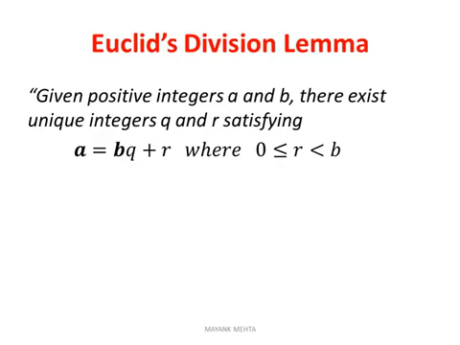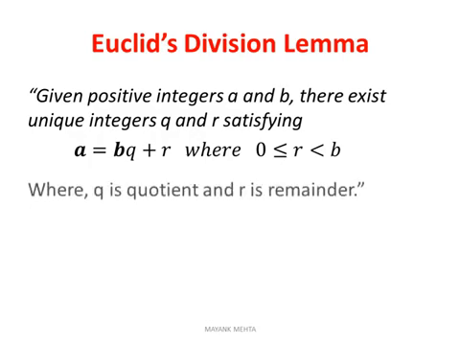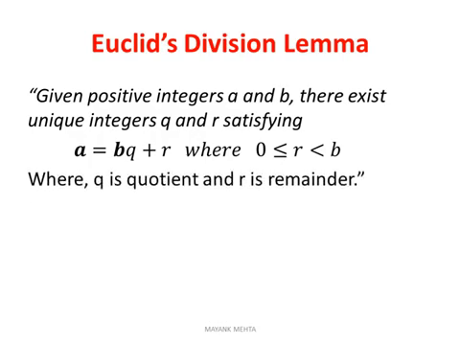You will find one unique such relation for any integers a and b, where q is the quotient and r is the remainder.